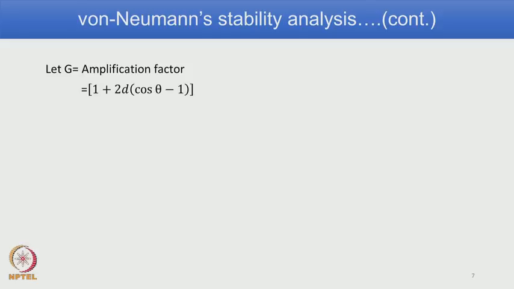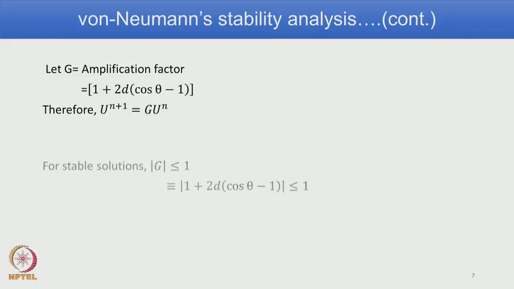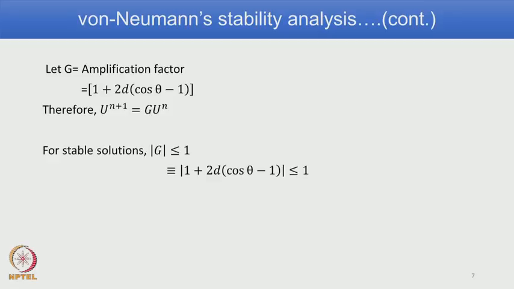So, if you write the bracket term, which is 1 plus 2 d into cos theta minus 1, this is what is known as the amplification factor, and the usual symbol is g. So, U of n plus 1 is related to g times U of n. If the error needs to be contained, then for a stable solution the modulus of g needs to be less than or equal to 1.